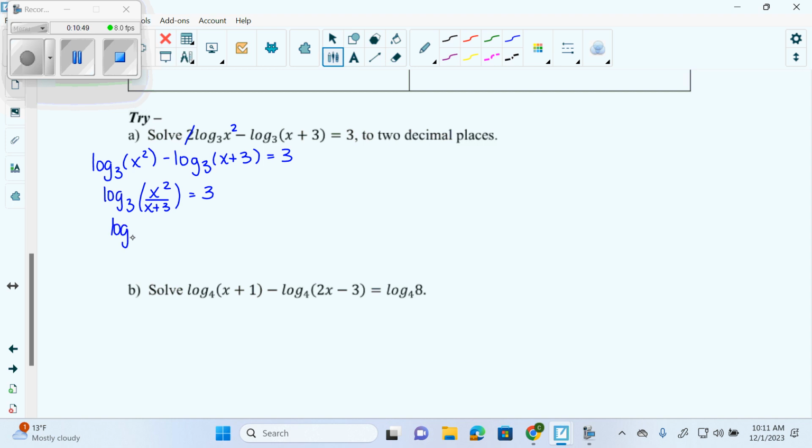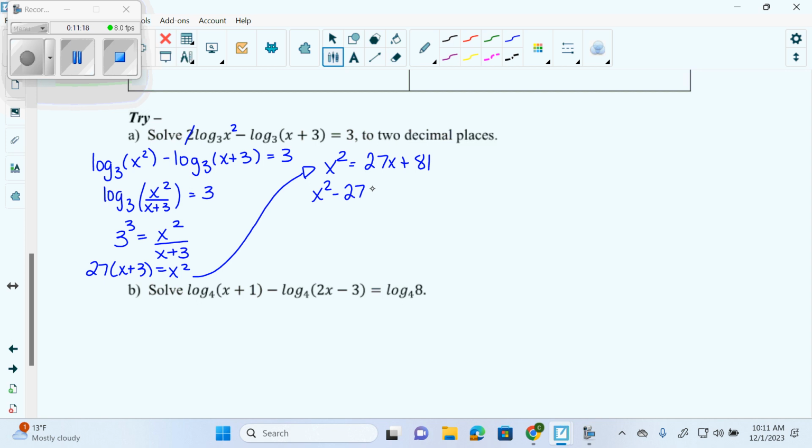Then 3 to the 3 equals x squared over x plus 3. And then we get 27 times x plus 3 equals x squared. X squared equals 27x plus 81. X squared minus 27x minus 81 equals 0.